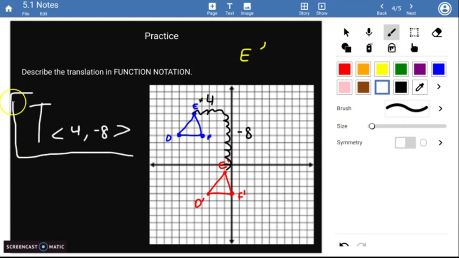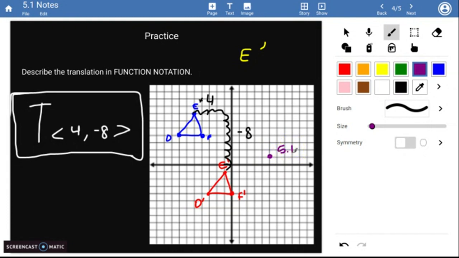You might be asked to translate something, so let's just do a quick example. This is the point (5, 1).